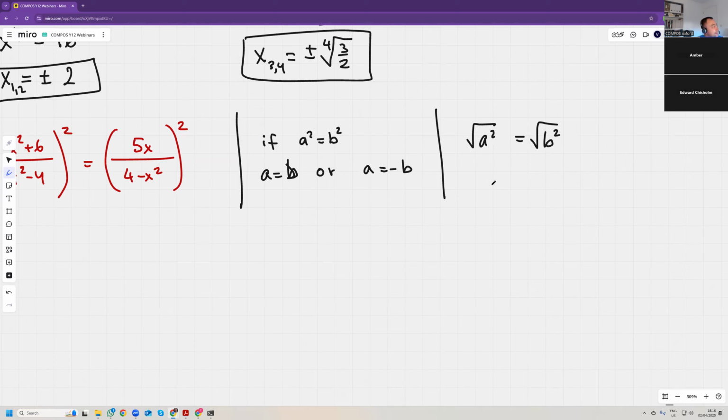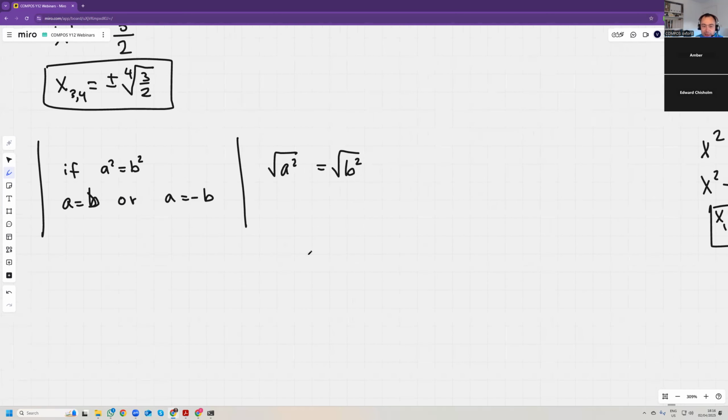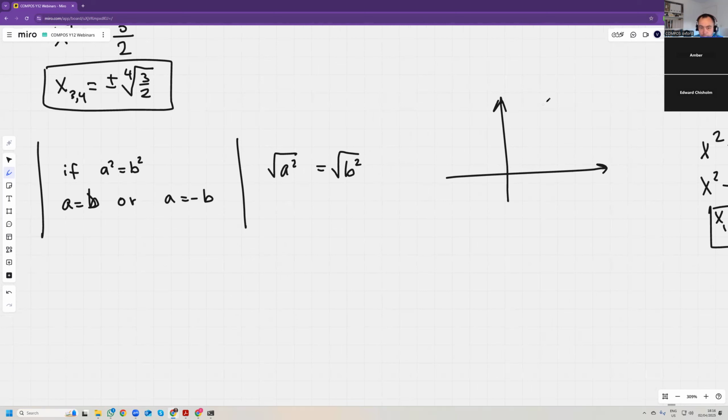It's not optional, if you know what I mean. A function cannot return 2 different values, right? If a function returns 2 values, it's not a function. So, for example, if for some value of x the function returns 2 different values of y, that means it's not a function. A function always gives you a single result.